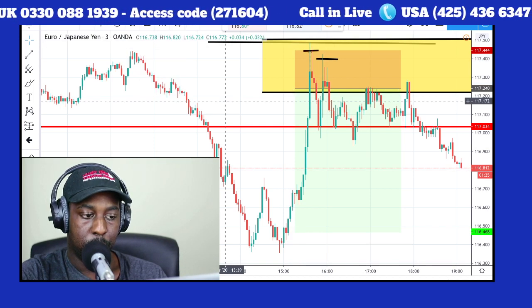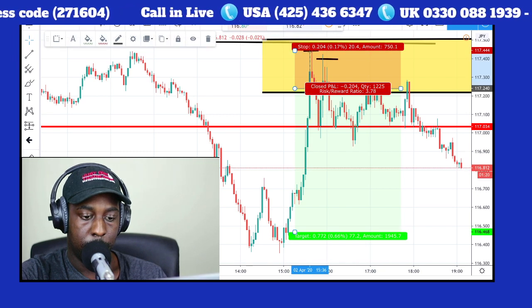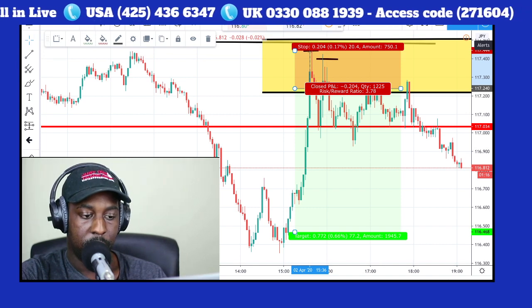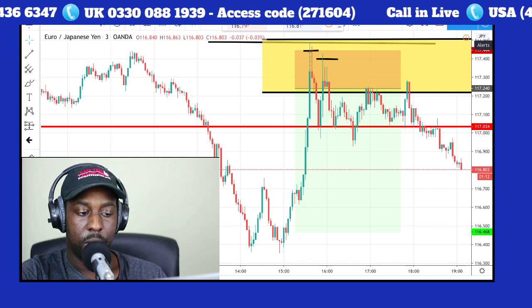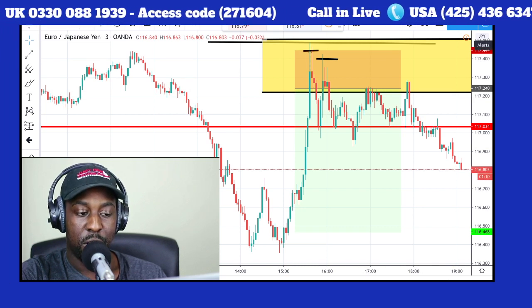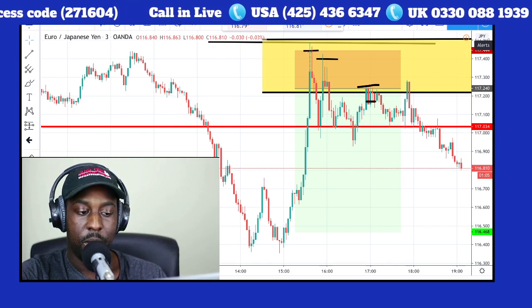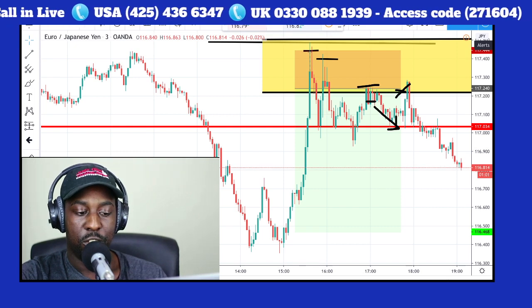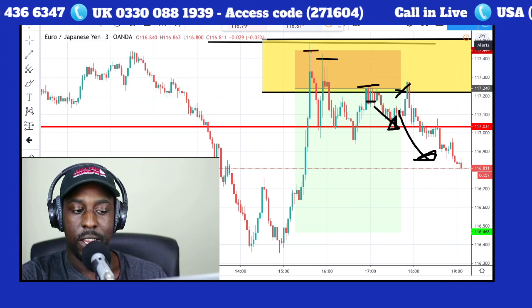Let's say, for example, look at this. Let's say, for example, you try to take a trade from here. And let's say, just for this example, this didn't happen, right? Price dropped straight down to where it is right now. This will be an even smaller target.